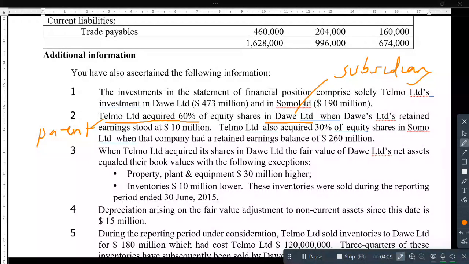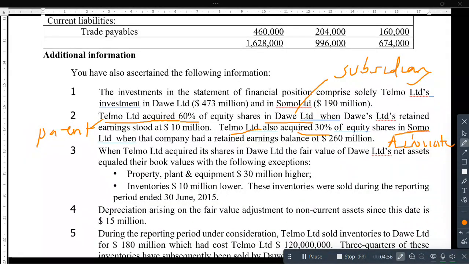Now, when you look at this, they are saying Teremo Limited also acquired 30%, meaning this company called Somo qualifies to be an associate. Meaning now we have Teremo as parent, Dawe as subsidiary, and Somo as associate.